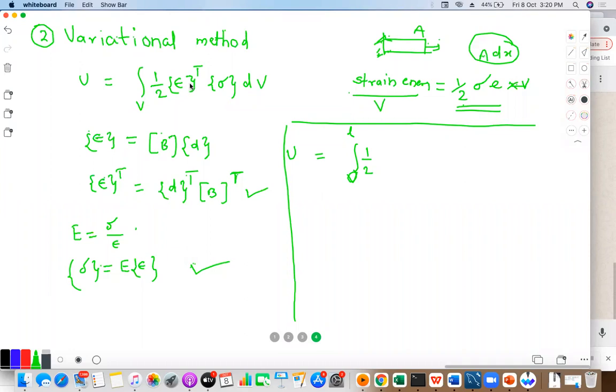Instead of epsilon transpose, I will write d transpose into B transpose into sigma, which has to be written as E into epsilon, into A into dx.